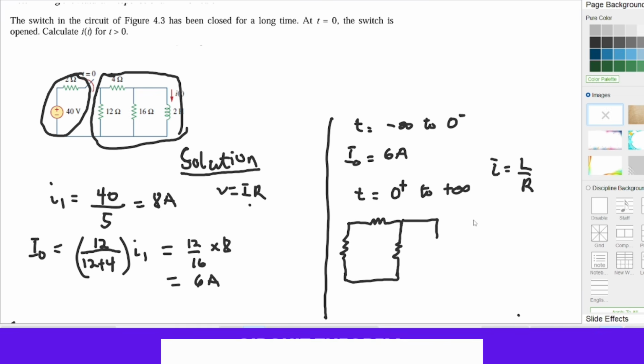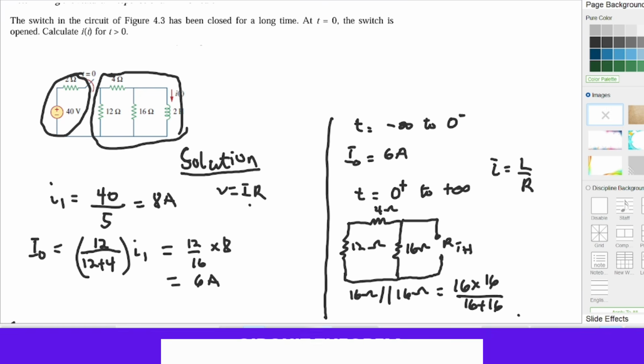But mind you, we want to find the equivalent resistance. So we open circuit this terminal because we want to find our RTH. So now this is our 4 ohm, 12 ohm, and 16 ohm. You can see this 12 ohm and that 4 ohm are in series, so their series connection becomes parallel to the 16 ohm. 12 plus 4 is 16. 16 ohm is parallel to another 16 ohm, which is 16 times 16 over 16 plus 16.